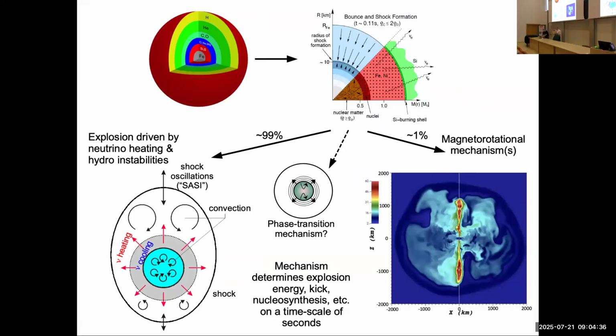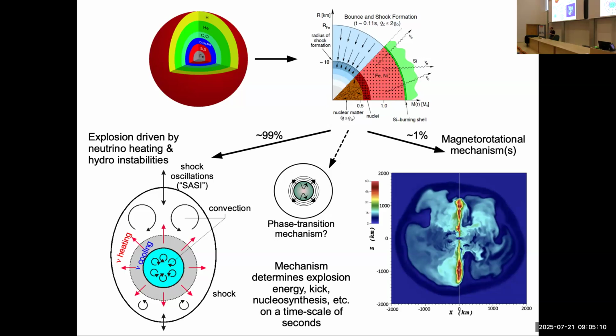All right, good. All right, so the basic scenarios: you either deliver energy from the neutron star via neutrinos. We'll look into that in more detail. That's what we think powers the vast majority of explosions. For the outliers at the very high energy end, we think that some mechanism that involves the tapping of rotational energy by magnetic fields is involved, either from a neutron star or from maybe a black hole accretion disk.